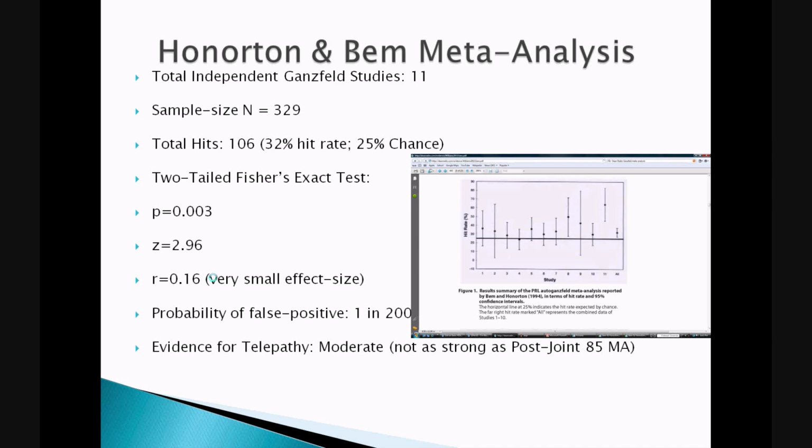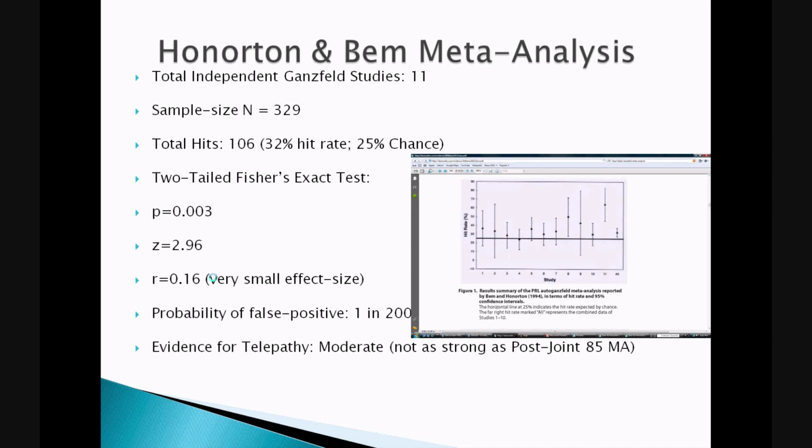Now, according to the two-tailed Fisher's exact statistical analysis, the p-value for this meta-study is actually 0.003, and the Z-score is 2.96, while the effect size is 0.16, which is a really small effect size.